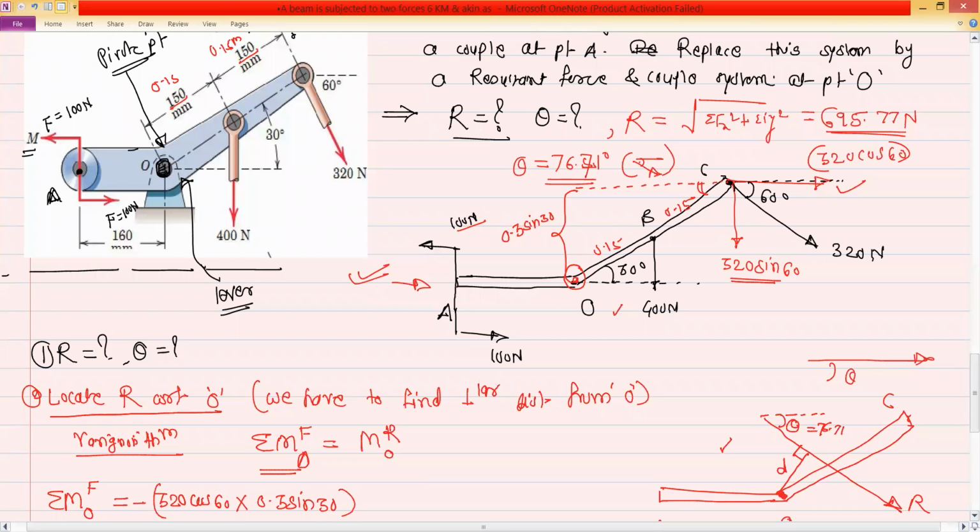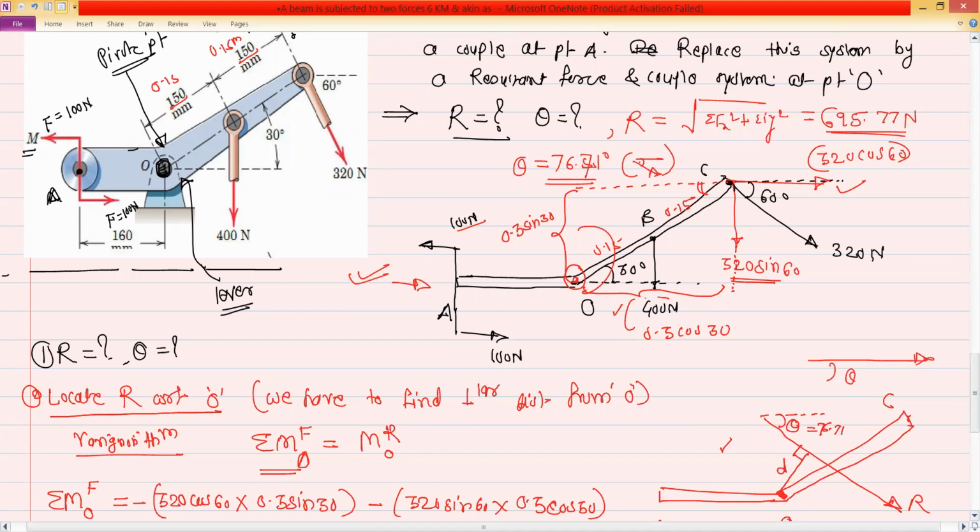For this force, this is the line of action, so this will be the perpendicular distance, and this is the diagonal 0.3, so this is equal to 0.3 cos 30. So second moment will be 320 sine 60 into 0.3 cos 30. And this moment is again clockwise, so this is minus.